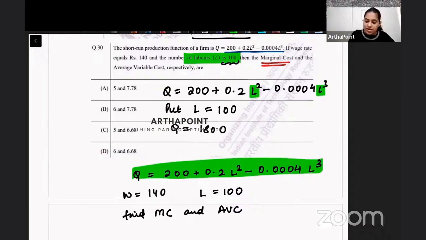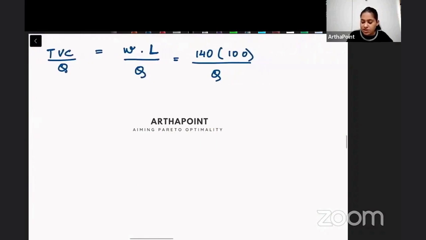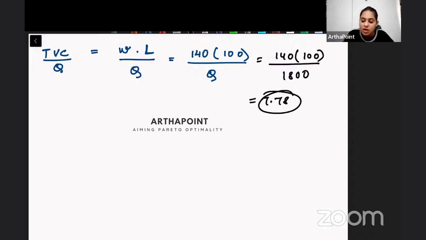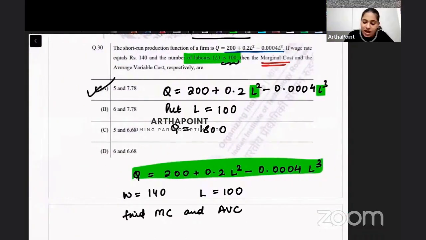Okay. So after you get this Q as 1800, I'm going to say that this is 140 into 100 by 1800. And this is going to give me 7.7. So the answer to this question is 5 and 7.7.